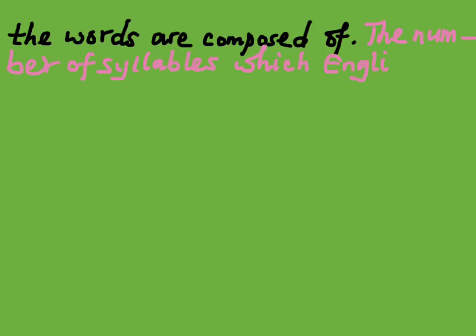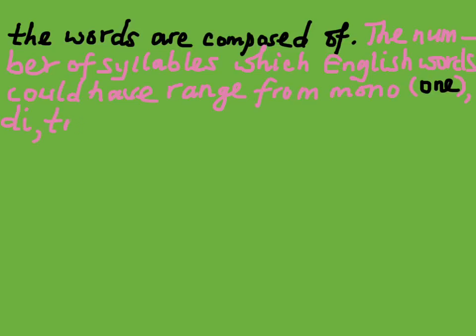Another thing we will notice is that in order for us to study syllabification and say that it can help us, we must look at the various ways through which syllabification can be understood.